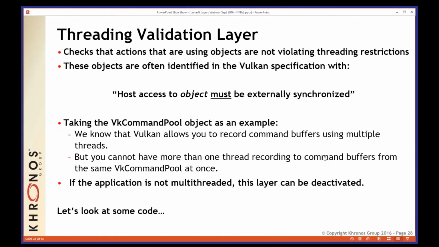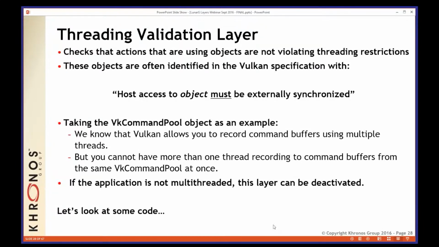Its purpose in life is to make sure that any actions that are using objects are not violating threading restrictions. There's some language in the spec which is quoted here: host access to object must be externally synchronized. That shows up in the Vulkan spec a lot whenever these things need to be guarded as far as threading goes.